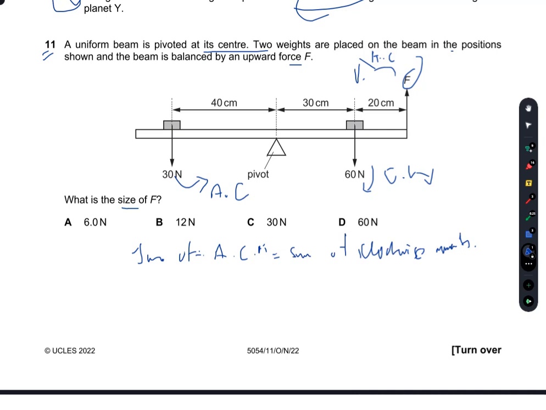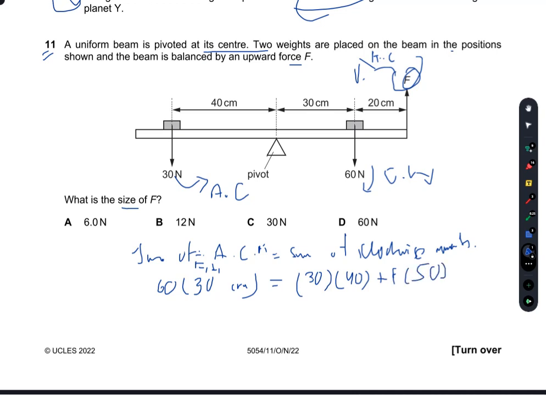So for the anti-clockwise moments, I have a force of 60 newtons into 20 centimeters, F1 D1, and that is equal to a force of 30 newtons, which is acting at a distance of 40 centimeters, plus the force F into 50 centimeters.